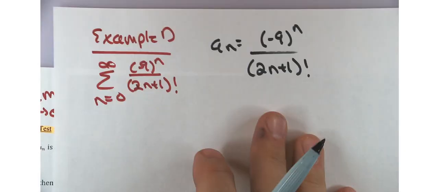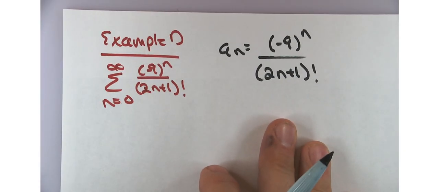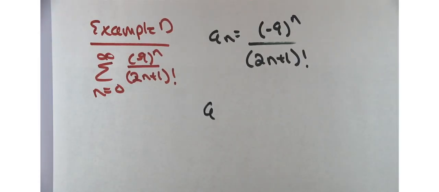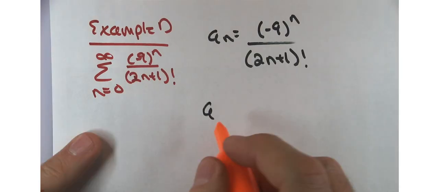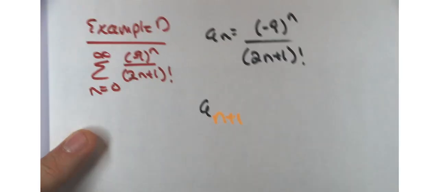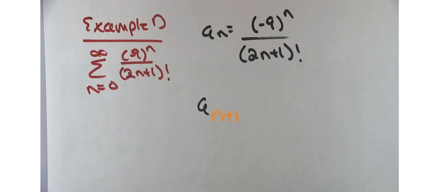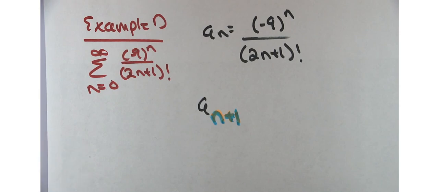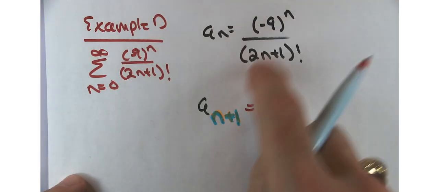Now I've got a sub n. I need to figure out what a sub n plus 1 is going to look like. Is that showing up pretty good? Maybe I should use blue. N plus 1. Is that better? Yeah, I think it's a little bit better. So wherever there's an n, I've got to replace that with n plus 1.